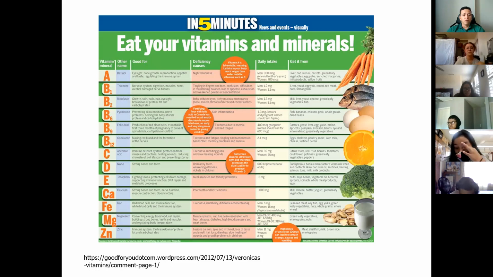Now, of course, that is so that we can get the nutrients from the food that we eat, so that we can get the building blocks for our cells, so we can get the lipids, the amino acids, the carbohydrates, the glucose, and the vitamins from the food that we eat, okay? And each one of these vitamins plays an essential role in the function of our cells and in the function of our organs.